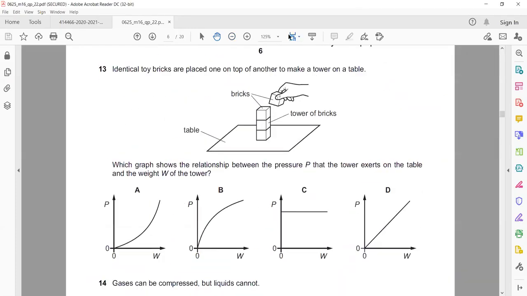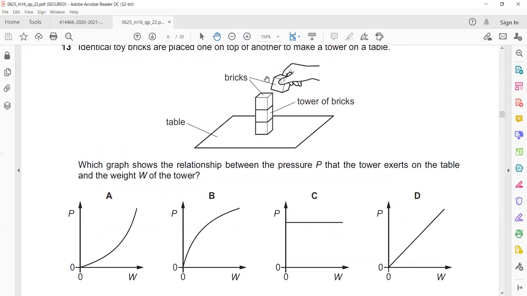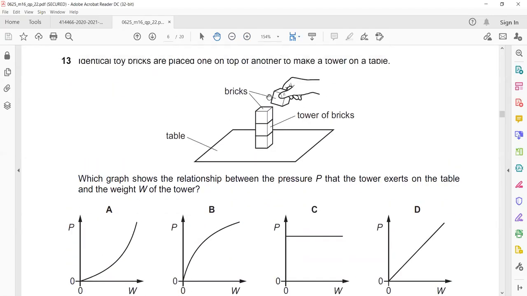Question 13. Pressure and force are directly proportional. What should be the graph between the pressure and the load or the force if they are directly proportional to each other?